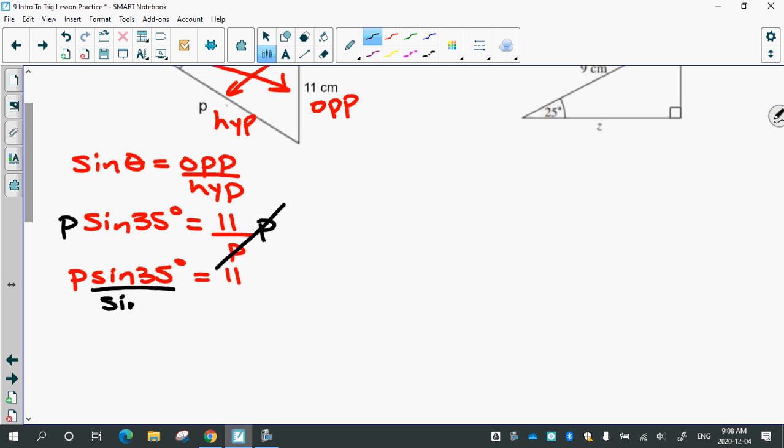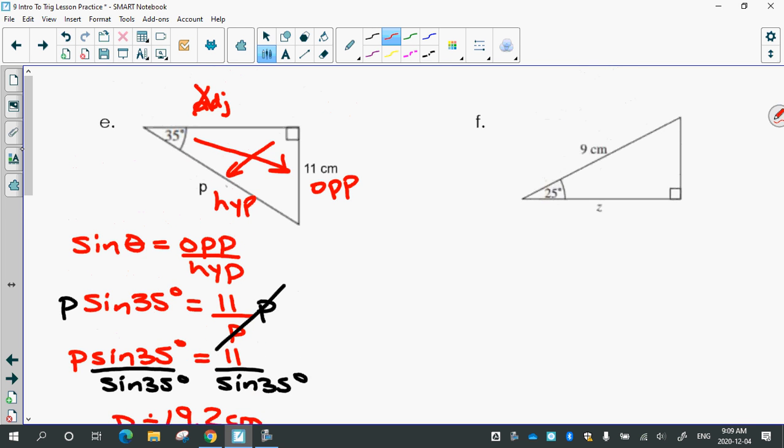And divide by the sine of 35 degrees. .2 centimeters. Any questions? Okay, good. Okay. F.